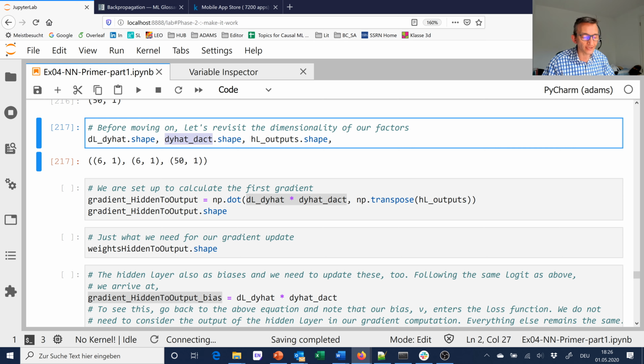So here we take the derivative of our loss function with regard to the forecast, 6 by 1, 6 by 1, we just multiply that together. The result, obviously, because it's element-wise, is then 6 by 1.